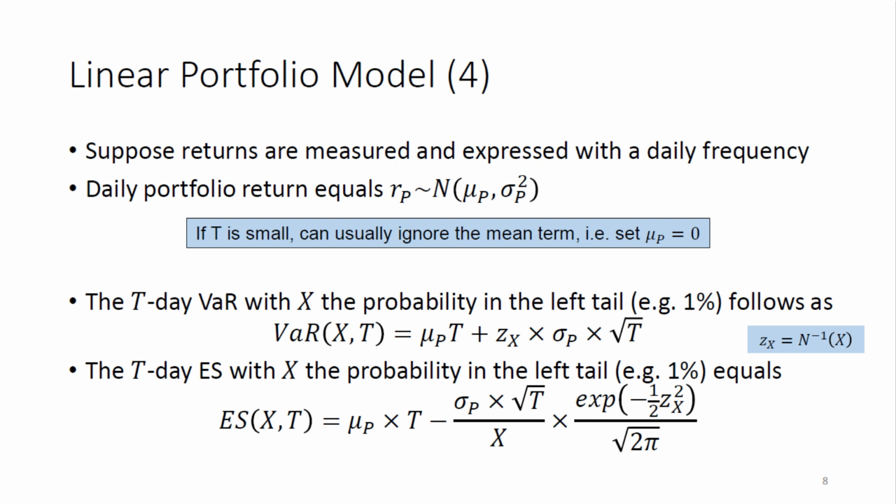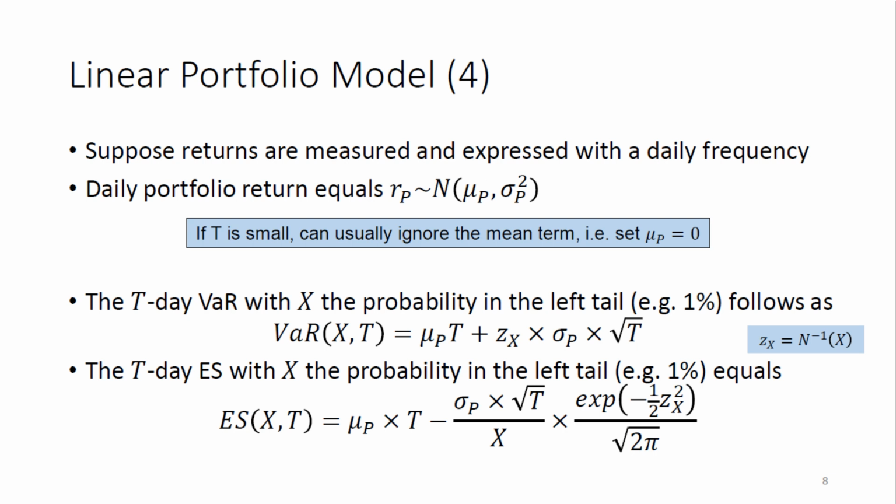So once more, if we look at a time horizon of 1, then we take the square root of 1. If we look at a time horizon of 10 days, then we take the square root of 10. So this formula is rather easy to apply. The critical value that you require there, you look up in the table for the standard normal distribution function.